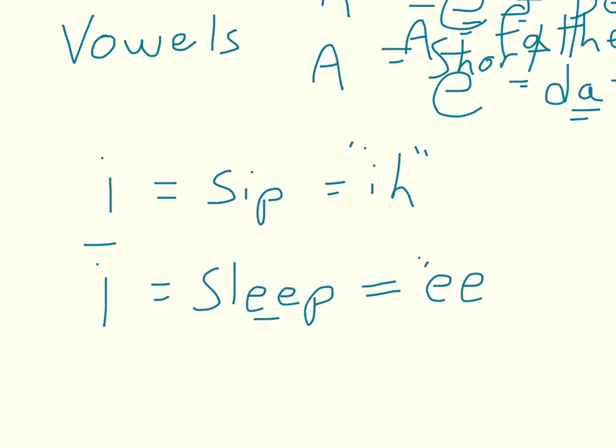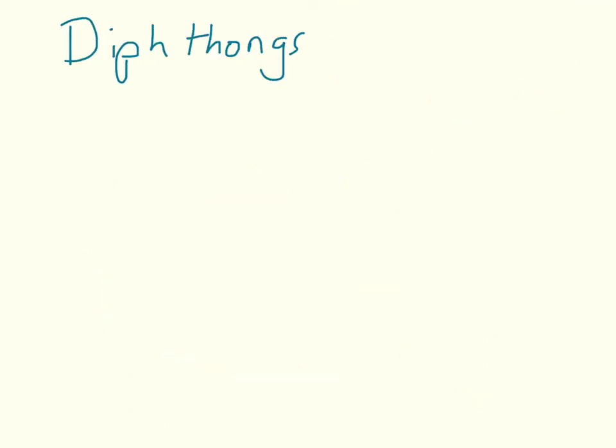So there's a big difference. Those are probably the three big vowels that have differences between long with the macron, and short without the macron. So that's what we can focus on now, of vowels.